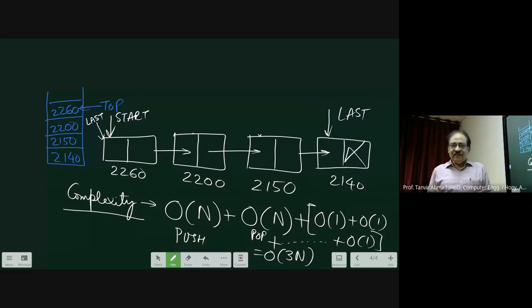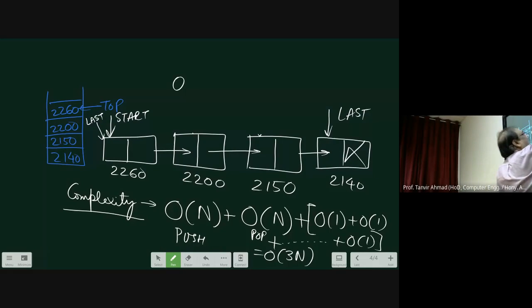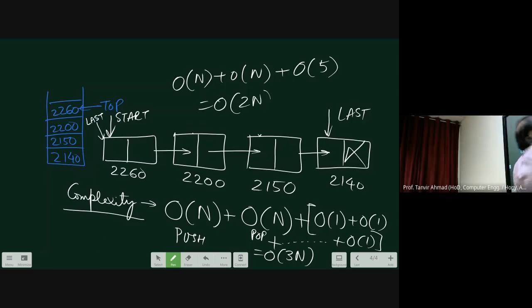आर यू गेटिंग इट? जिससे मान लो तुमने लिखा order of c plus order of n plus order of 5, ये होगा order of 2n, because 5 is fixed. बट अगर order of 1 plus order of 1 plus order of 1 n टाइम्स हो जाएगा तो वो भी order of n हो जाएगा. यहाँ पे प्रॉब्लम क्या हो रही है कि ये जो सारे वैल्यूज हैं ये n टाइम्स हो रहे हैं.